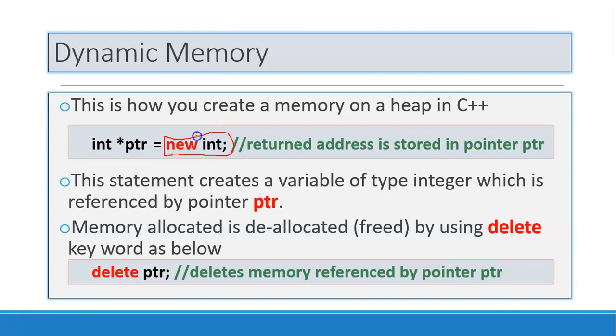And the address will be returned. And we cannot keep that address in a normal variable. We can only keep that address in a pointer. So we need to receive it as a pointer. So the new int is going to create the integer variable, so to say, and the address of that integer variable is going to be kept in a ptr.